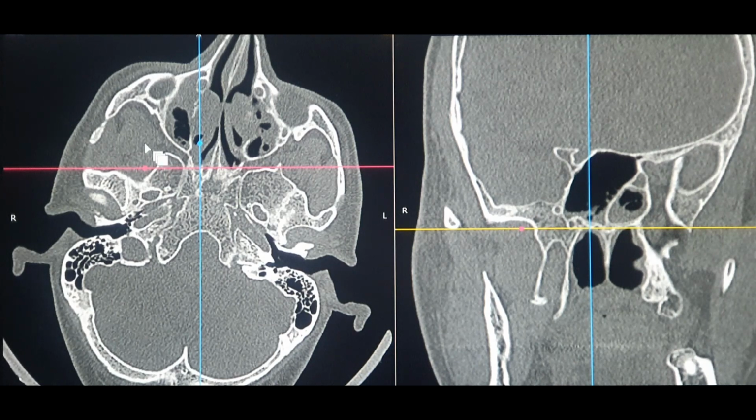Before that, we always ask for a CT scan for any patient belonging to any pathology, be it AFRS, JNA, intracranial nasal mass, whatever the pathology. We ask for a CT scan and an MRI scan, but the CT scan should always be 1 mm thickness. A standard thickness is 1 mm.